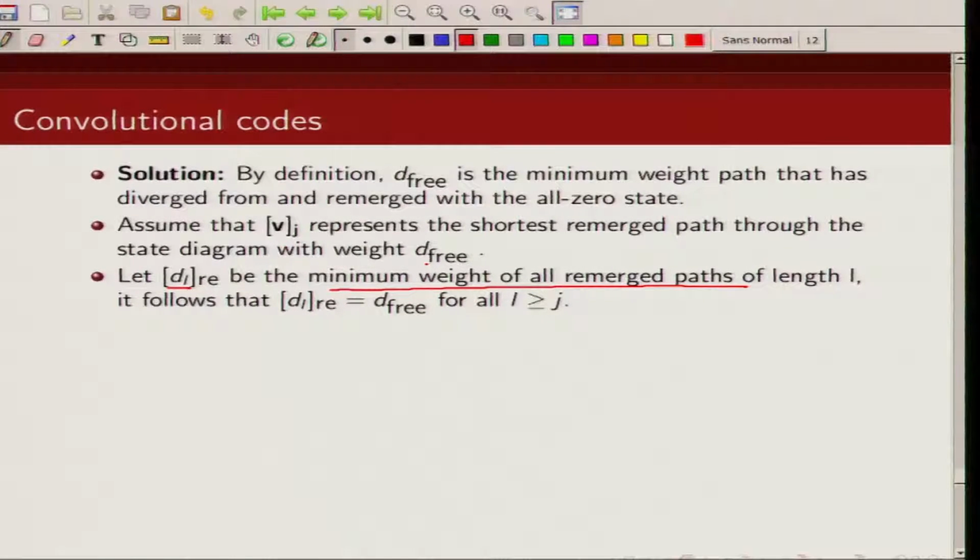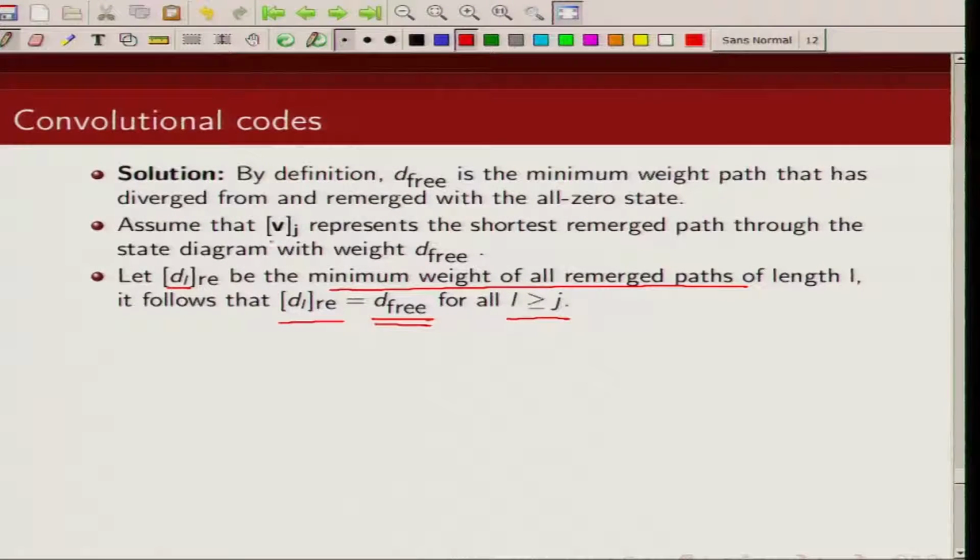Now, what we are saying is for t equal to j, that is the smallest re-merged path which has weight equal to d free. So, for any time greater than this j, your column distance function will be equal to the free distance. Why is this so?